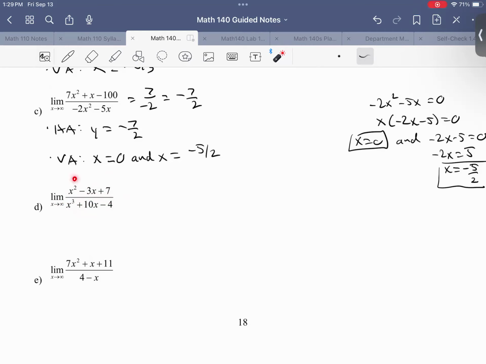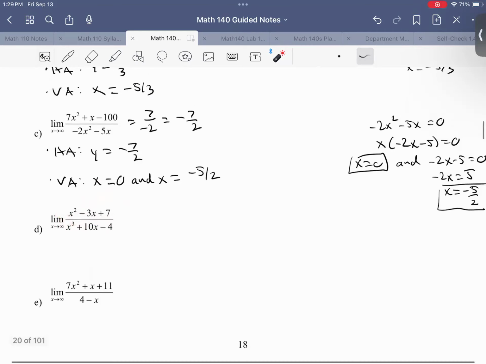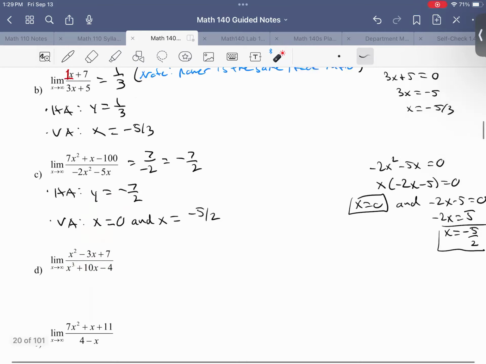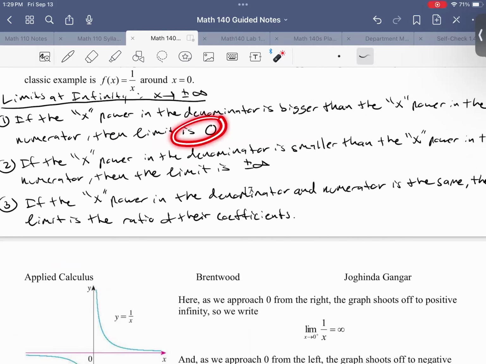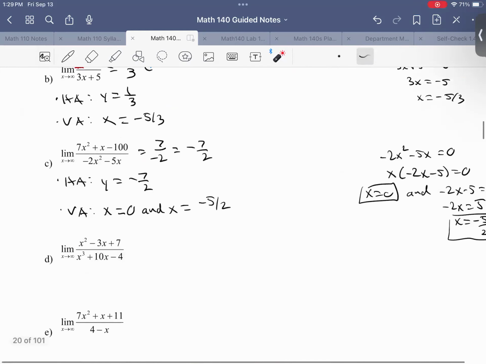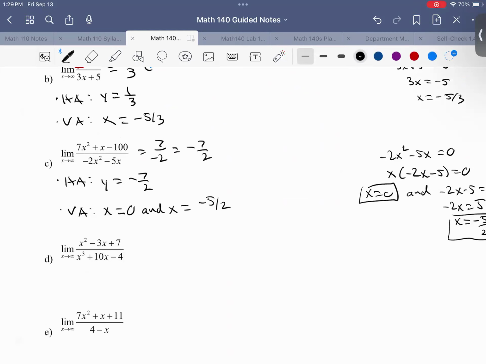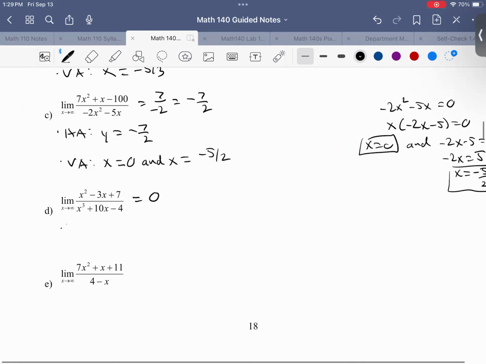So highest power up top is x squared, and on the bottom is x cubed. So the power on the bottom is greater. So which one does that fall into? It's going to be option 1. Denominator is bigger power. So this one is simply 0. And so what that means is that the horizontal asymptote is y equals 0.